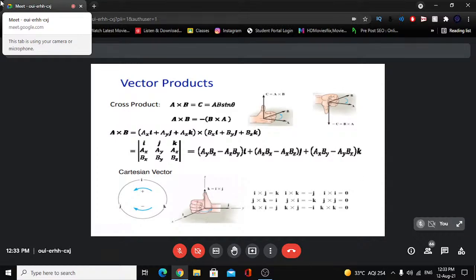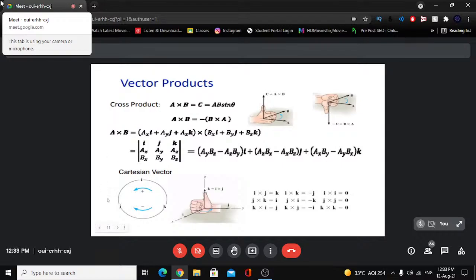Now, in the cross products, we can follow this rule. Draw a circle having three locations of i, j, and k. If we move anti-clockwise, with the right hand palm curled anti-clockwise, the thumb points to the positive vector k, and we are moving from i to j.